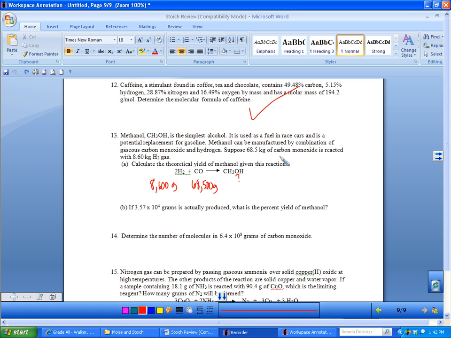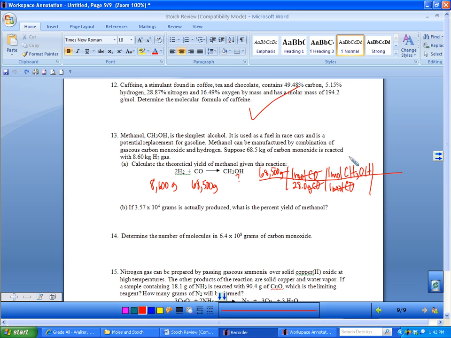So we're looking at a limiting reactant problem here. So I'm going to take 68,500 grams. And I'm going to say that 1 mole of CO is, all right, carbon is 12, oxygen is 16, so it's 28.0 grams of carbon monoxide. And my mole ratio is 1 mole of CO for 1 mole of CH3OH.